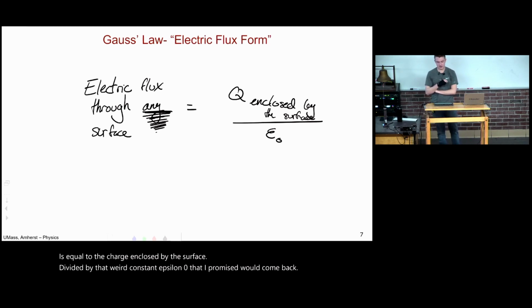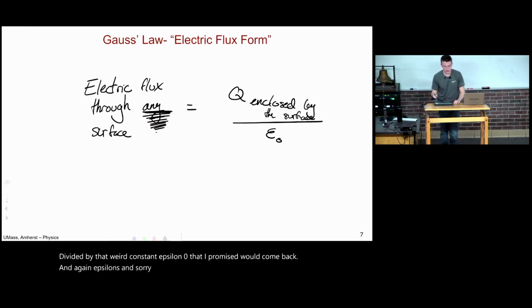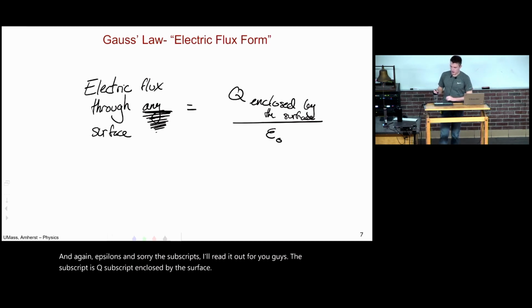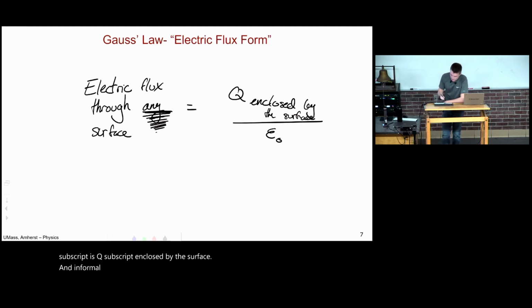And again, the subscript is Q subscript enclosed by the surface. And in formal equation form, you will see it written with this letter phi, maybe with a lowercase or with a subscript e. That stands for electric flux.